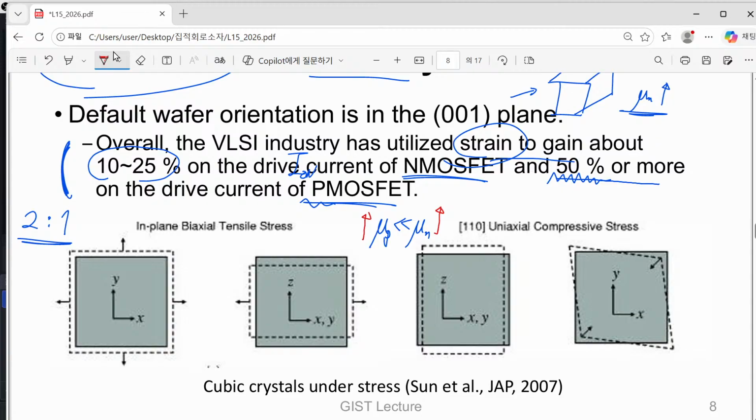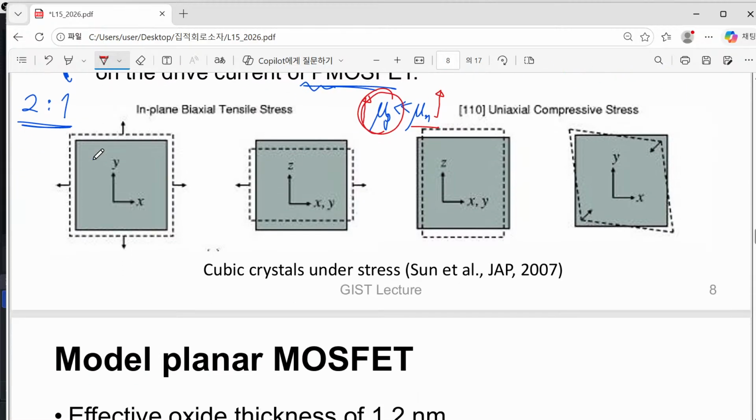The point is, the improvement of hole mobility is much more severe than that of electron mobility. So they are becoming really comparable. This is one of the most important effects we are considering to boost our device performance. This is a really non-negligible effect.